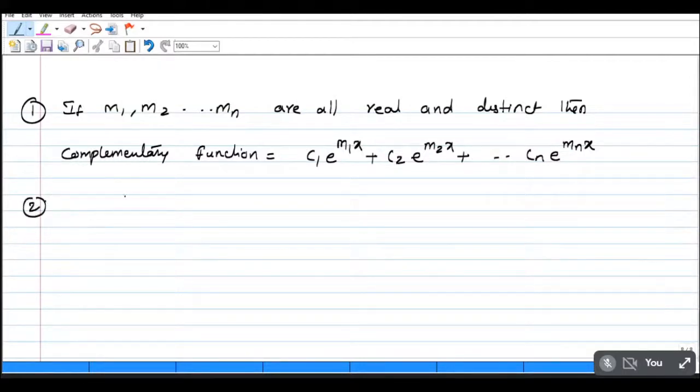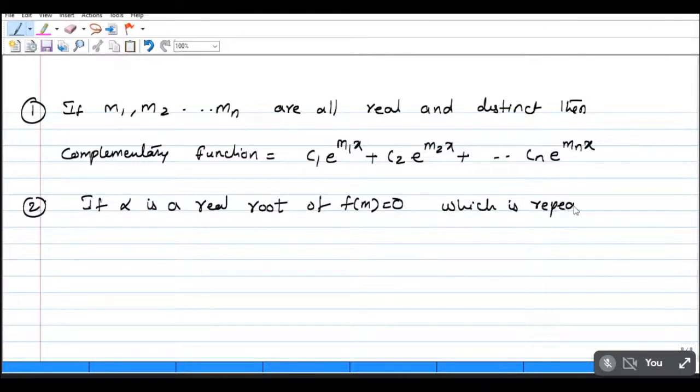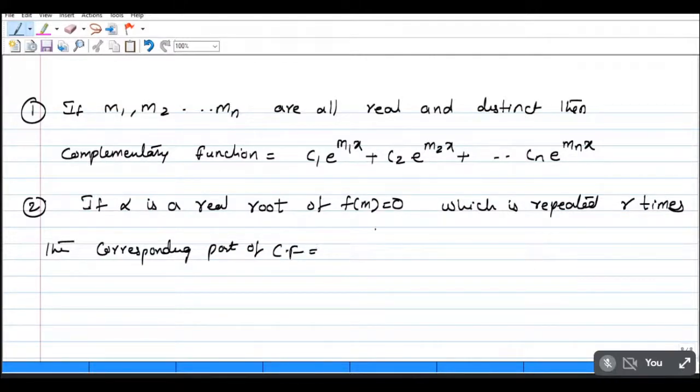Second point: if alpha is a real root of f of m equal to 0, which is repeated r times, then the corresponding part of the complementary function is equal to, tell me.